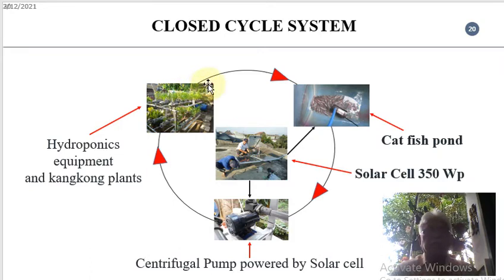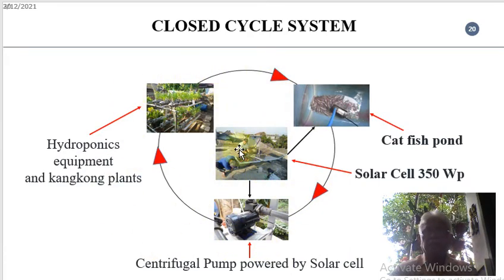Then the water in the pipe of the hydroponics is transported to the catfish pond. There are fertilizers in the water, and the water is circulated by the pump continuously.